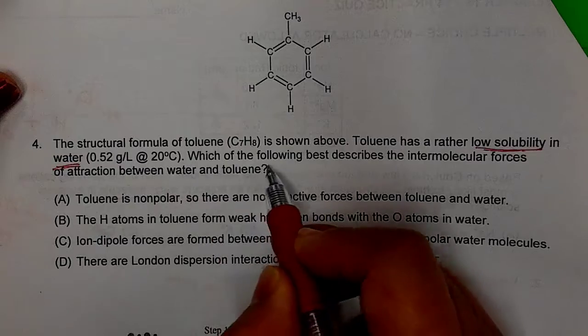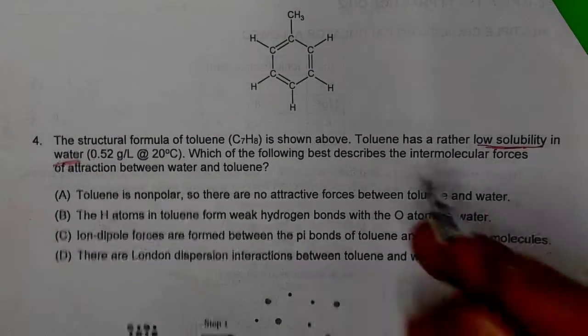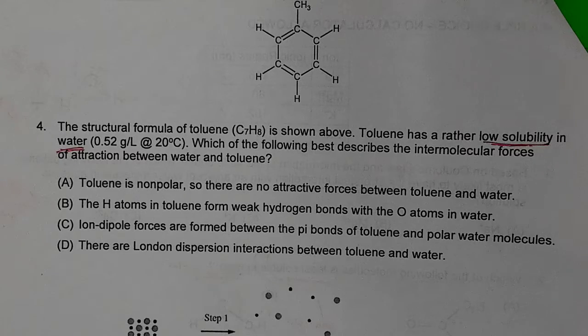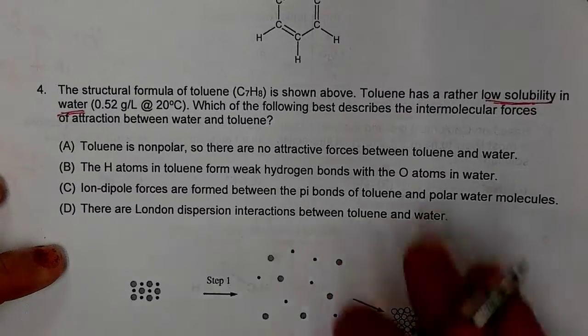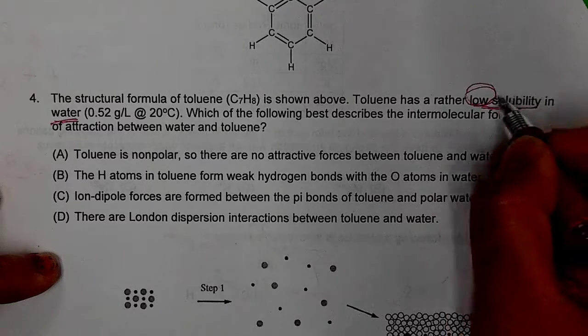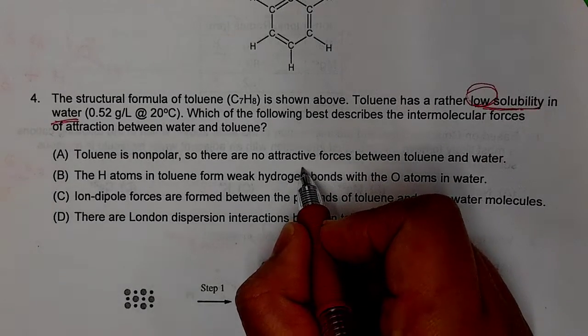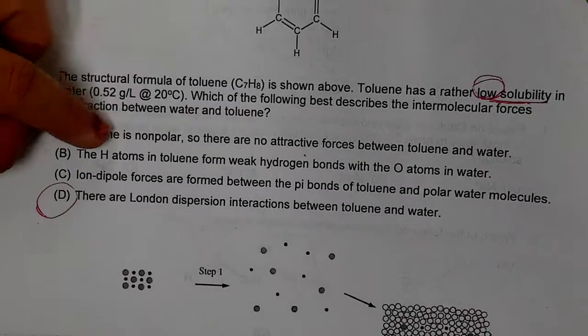Which of the following best describes the intermolecular force interaction between toluene and water? We're going to say D, London dispersion force, because we're looking for an interaction. It does say low solubility, so no attractive force would be wrong. Make sense?